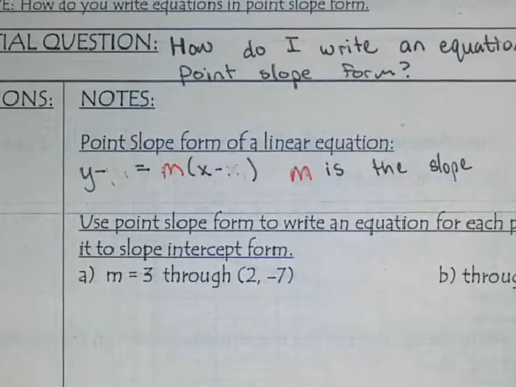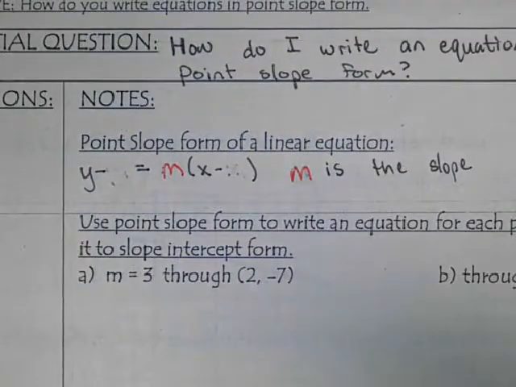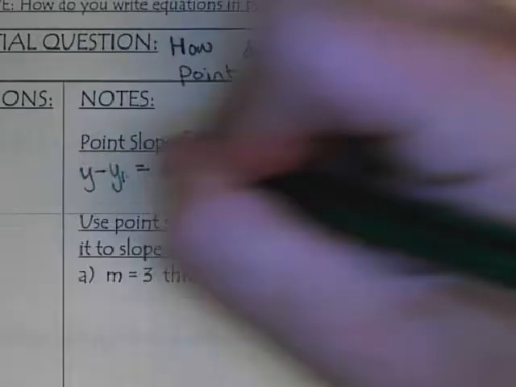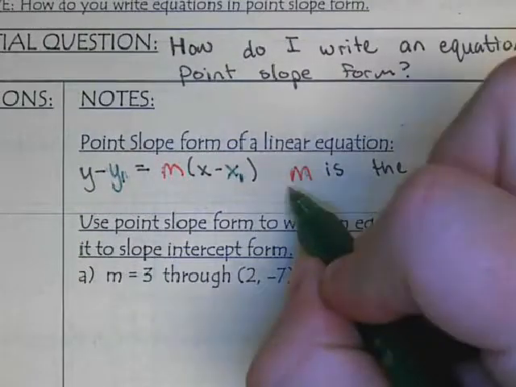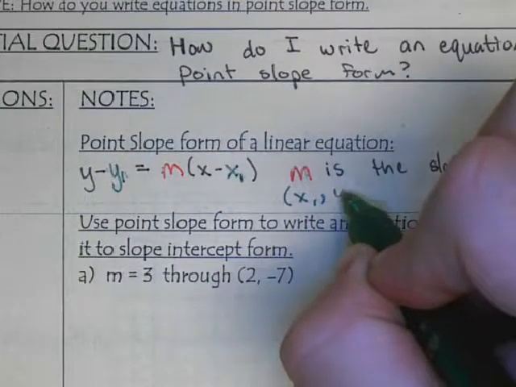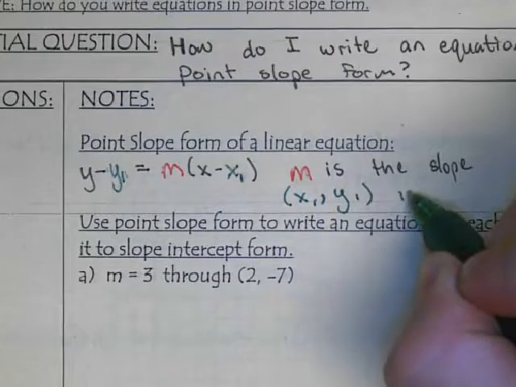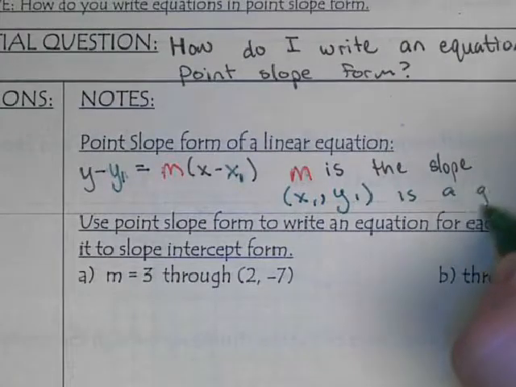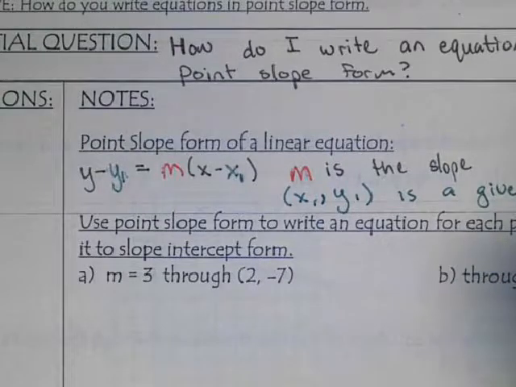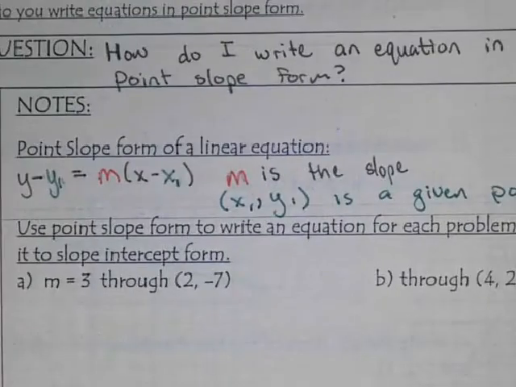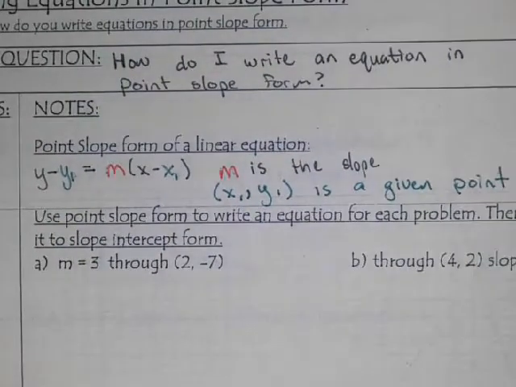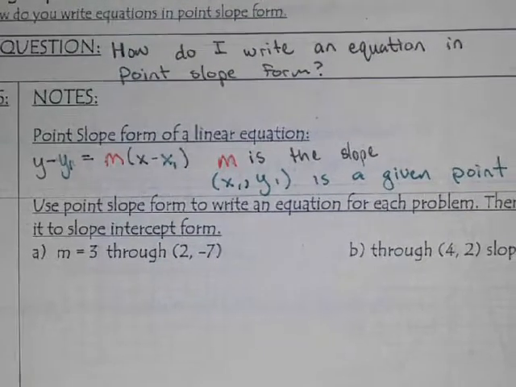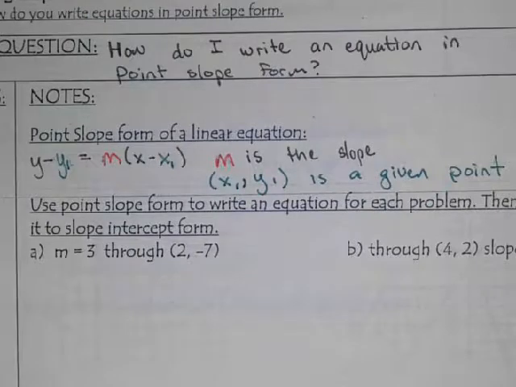M is the slope, and our point, x1, y1, is a given point. So if we're given a slope and a point, we just plug it right in.